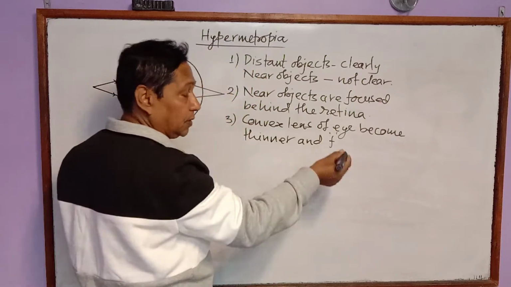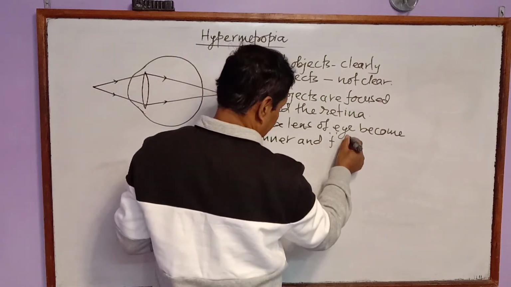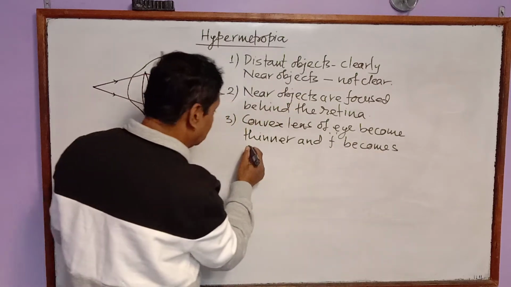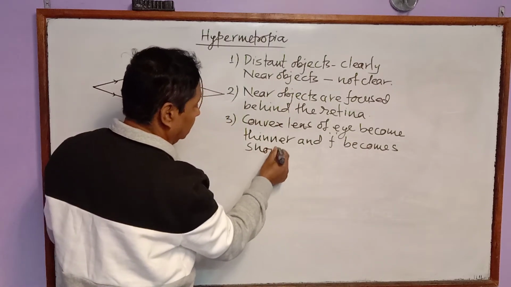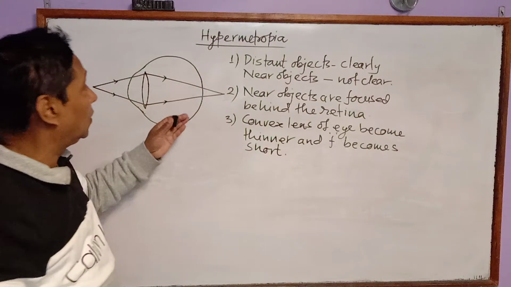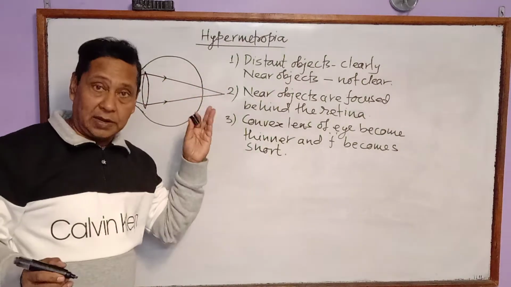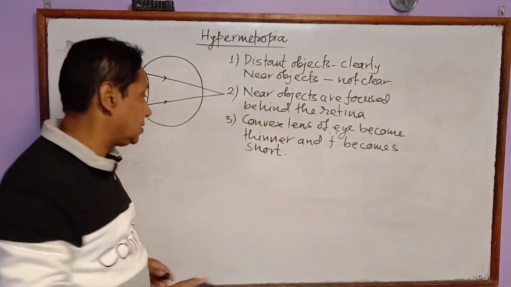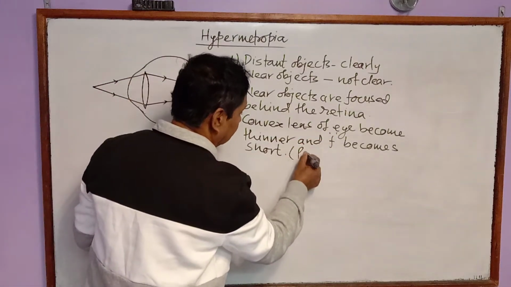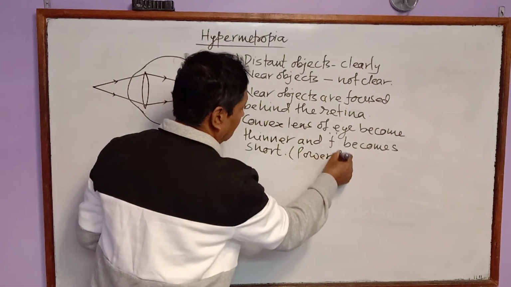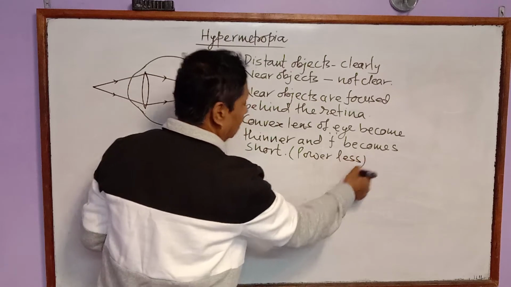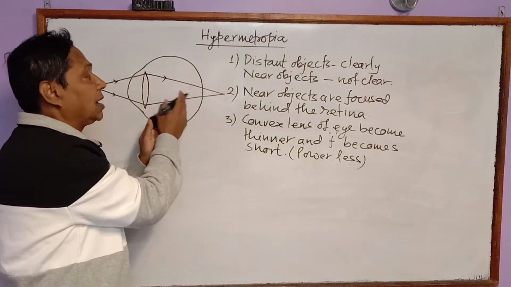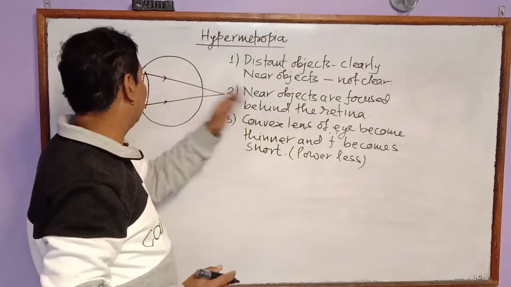Focal length is denoted by small f. And that's why it cannot focus the object on the retina, and its converging capacity is less because its power is also less. We can say it is powerless. That's why it cannot focus in the correct position, and that's why the image forms behind the retina.